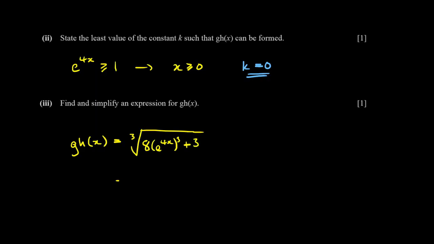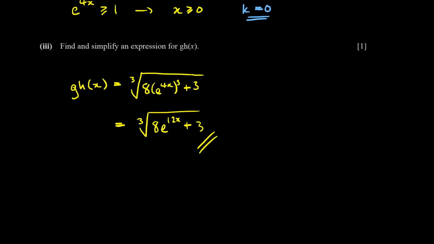And so therefore what we get is the cube root of 8e to the 12x plus 3, because we multiply out the powers. And I think that's probably the simplest expression that we are able to get.